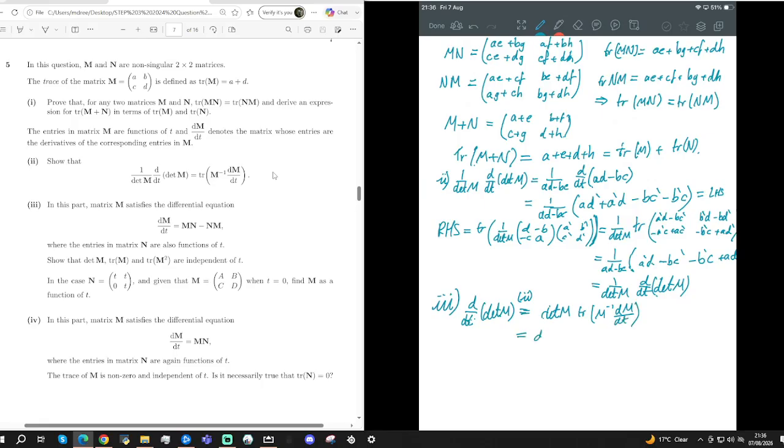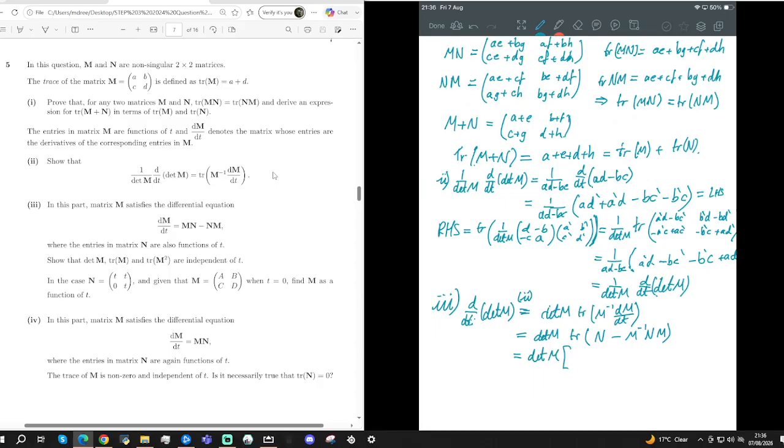But we know the derivative of m is given by that formula, and I'm pre-multiplying by m inverse. So this is the trace of n minus m inverse n m. Well, I'm aiming for this thing to be 0, so let's hope some nice things happen.